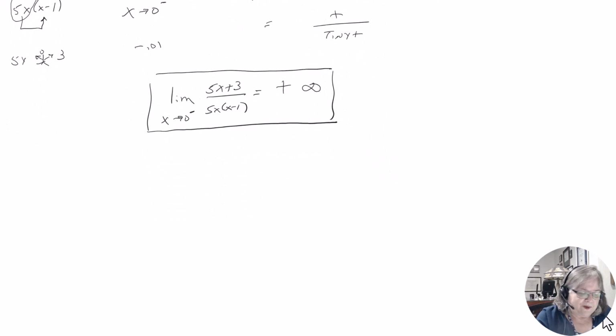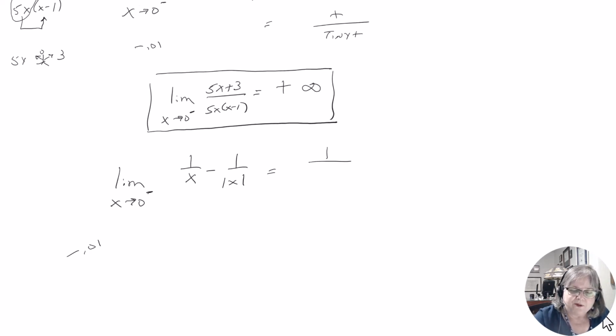Let's do one more comparison. So the limit as x approaches 0 from the left of 1 over x minus 1 over absolute value of x. Okay, and I need a number that's just to the left, so how about negative 0.01 again? So let's think this through.